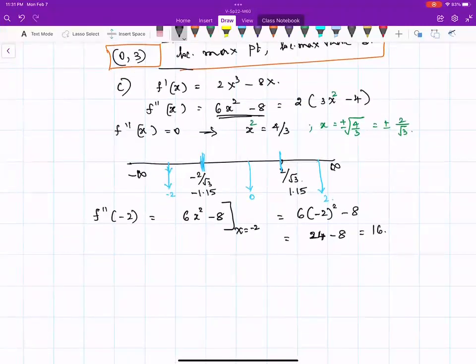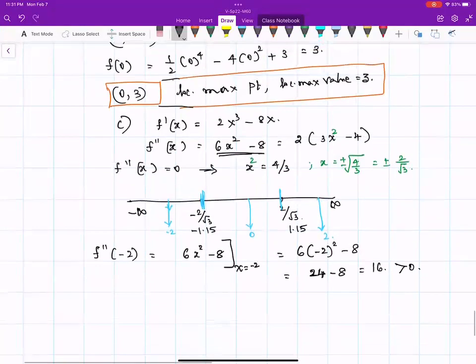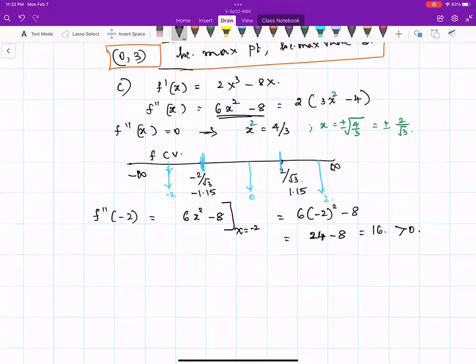So what does it say? It is positive. Because it is positive, the graph is concave up in this interval. So we'll pick 0 as a test point in the interval negative 2 over radical 3 to 2 over radical 3. That is 6 times 0 squared minus 8, which is negative 8, less than 0.